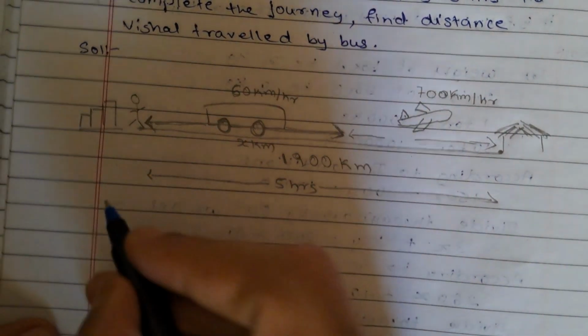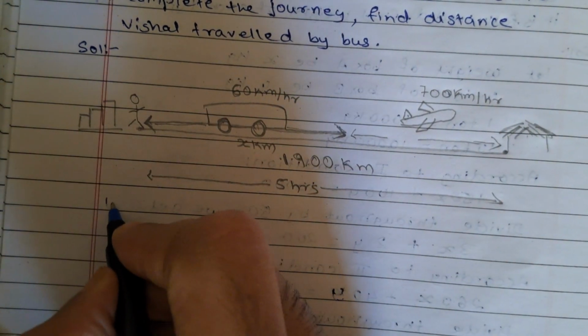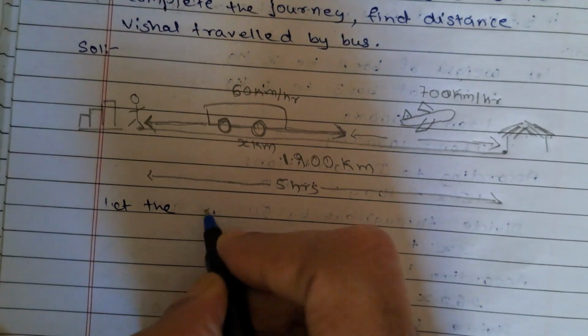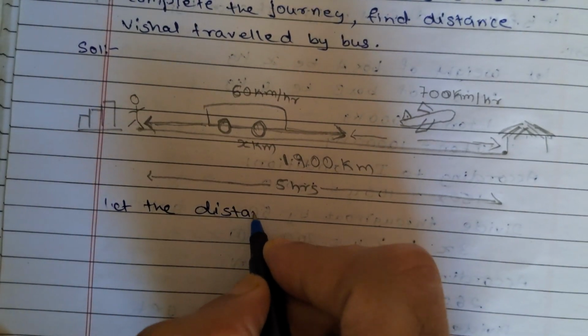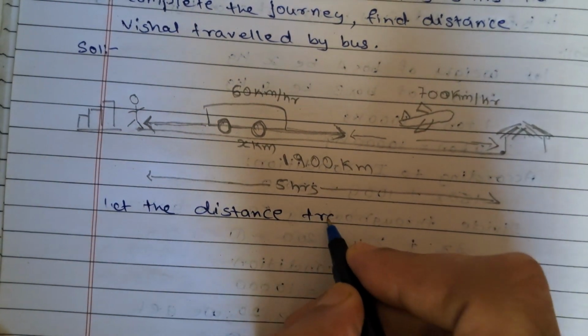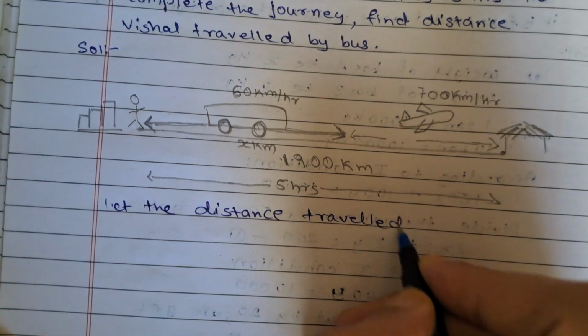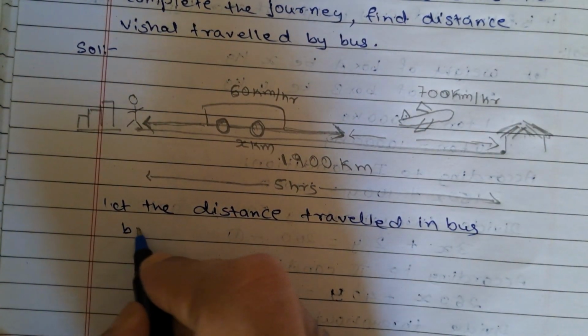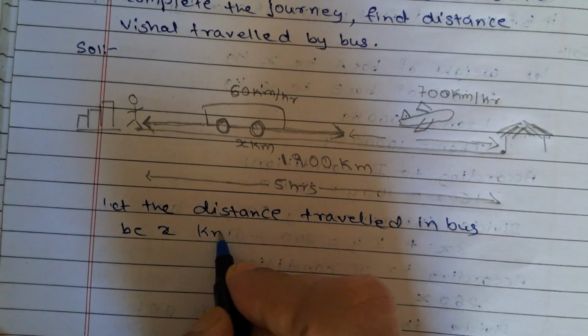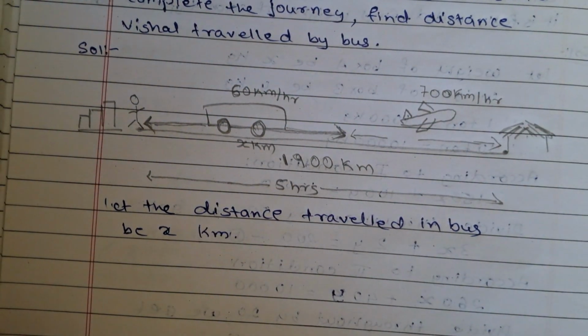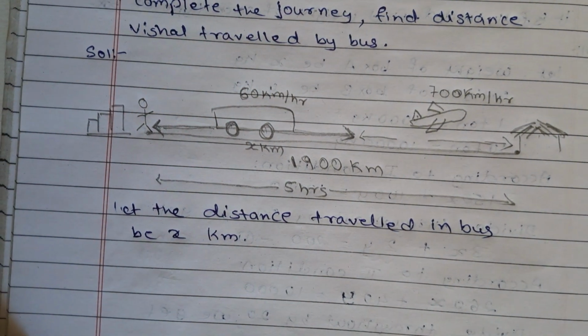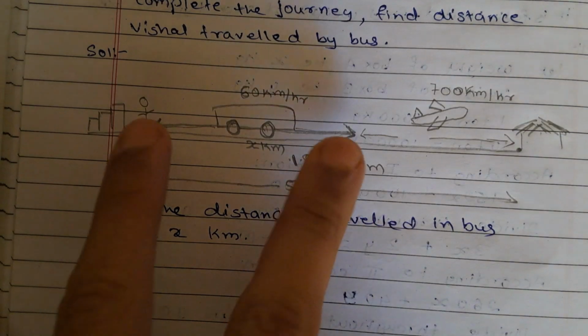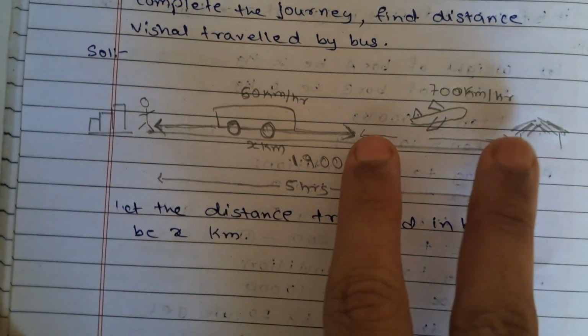So you will simply start your solution saying: let the distance traveled in bus be x kilometers. Obviously we will think there should be something like y also, right? Rather than bus, what was the other medium of transport he had?